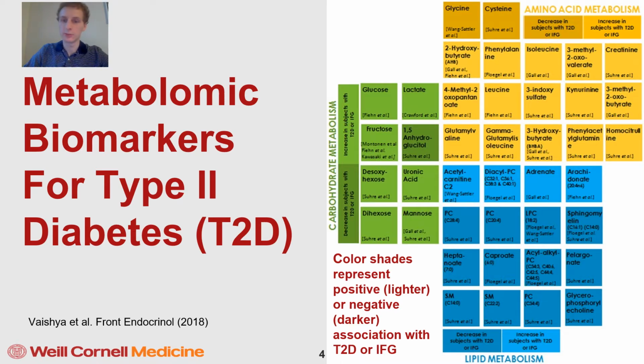And those that are darker shades of the color shown here are negatively associated with type 2 diabetes, meaning that increased expression of these metabolomic features actually has been shown to have associations with less type 2 diabetes. And it's opposite for those that are in the brighter colors.